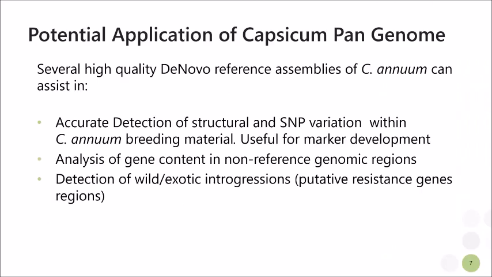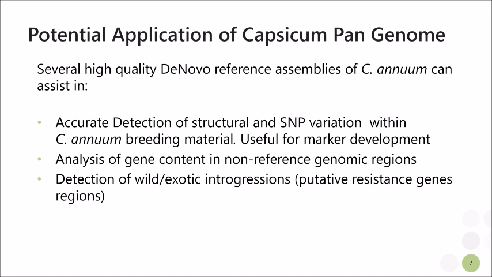What is the potential application of the pepper pan-genome analysis? There are several high-quality de novo references. Genomes will assist us in detection of structural and SNP variation within the breeding material. This information will be useful for marker development.